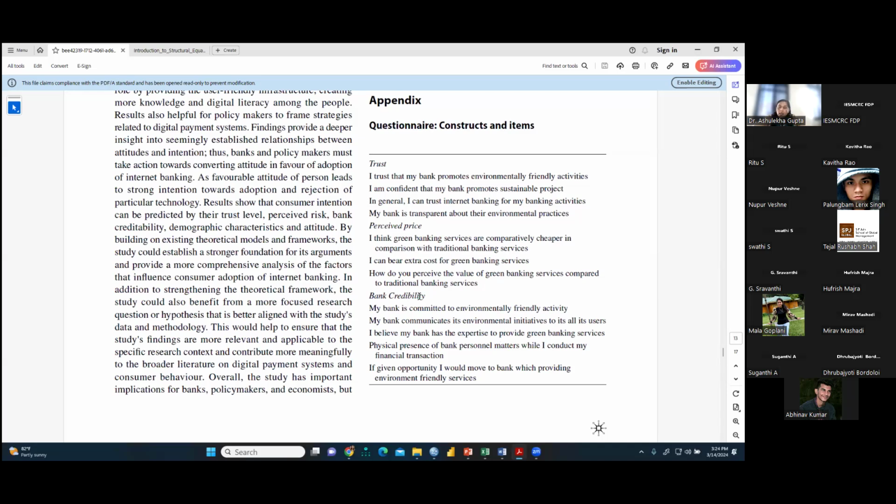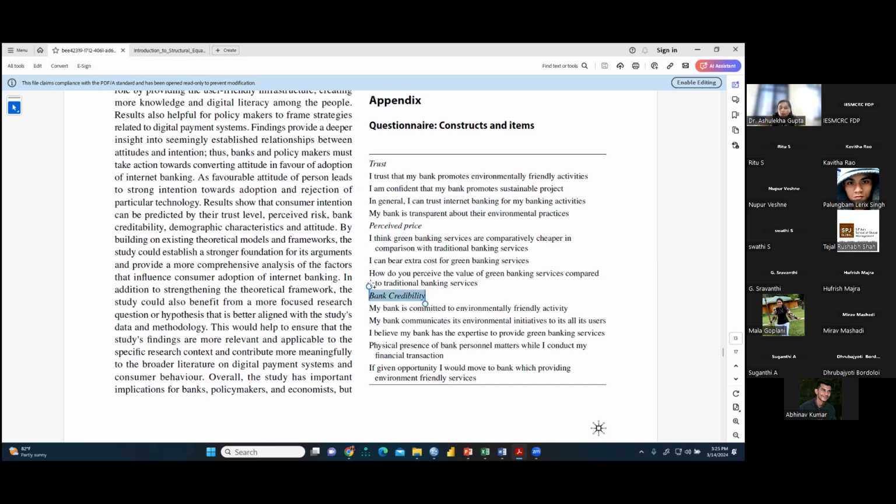Then you frame all these items. This is defining trust; that is one construct, and these questions are basically defining trust. Perceived price, these first, second, and third questions are defining perceived price.